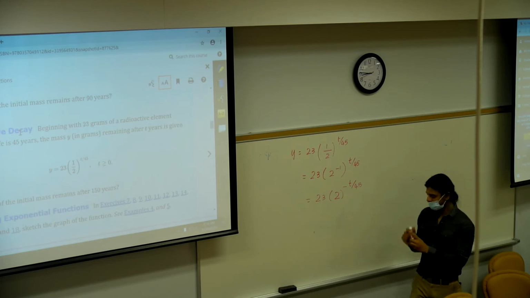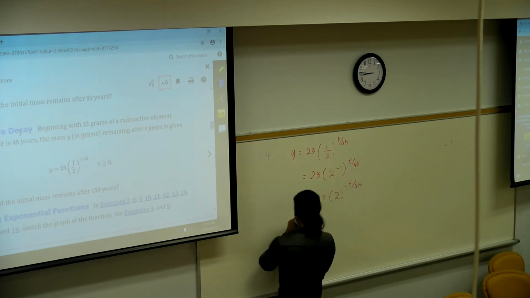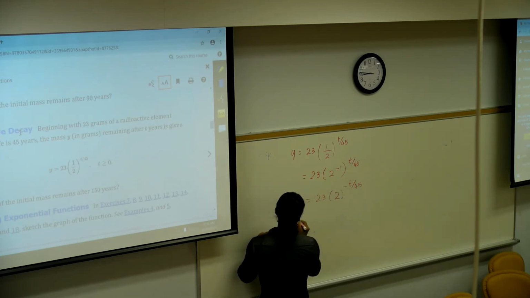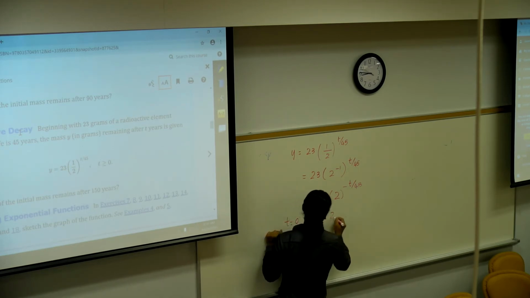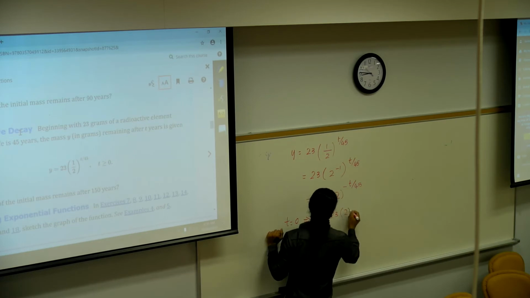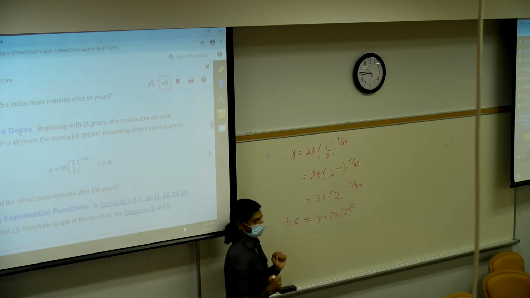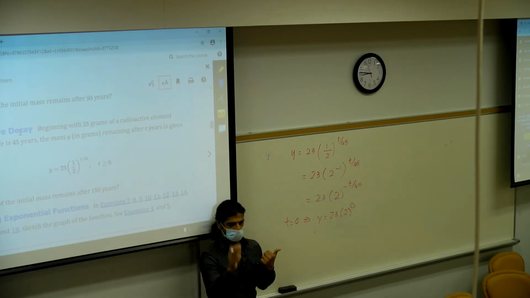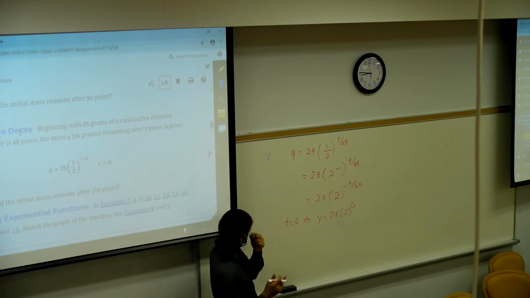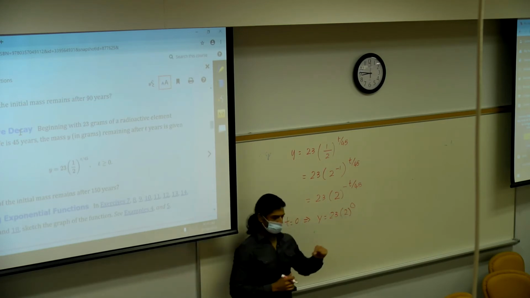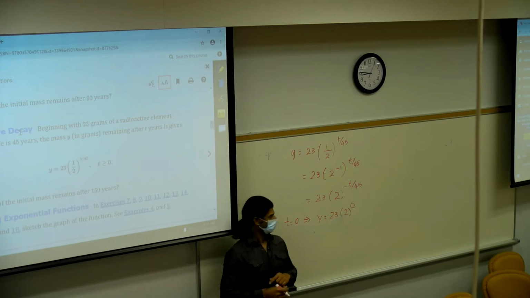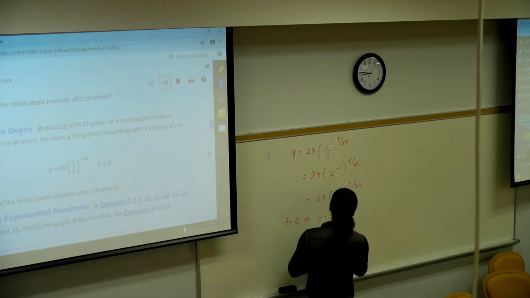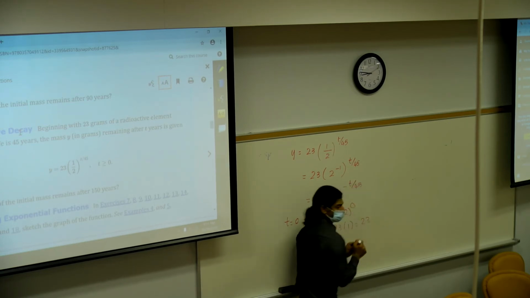So if I plug in t equals 0, yes, 0 over 45 is 0. Any number raised to the power of 0 is 1. So 23 times 1, we get 23.